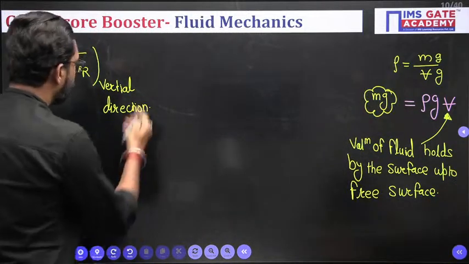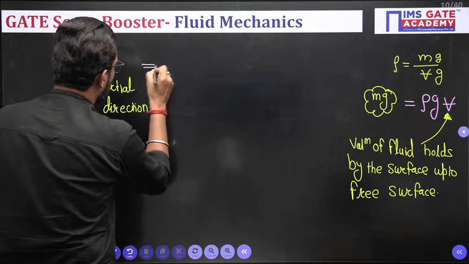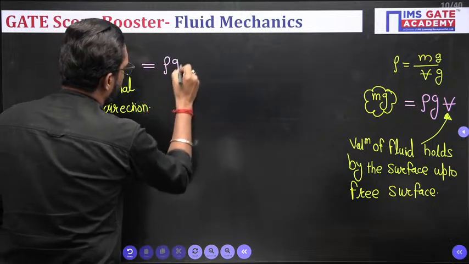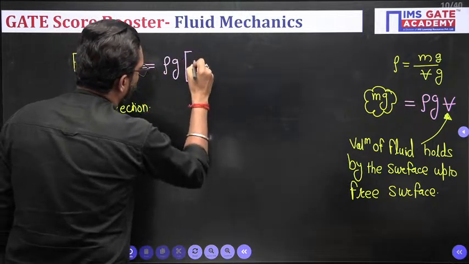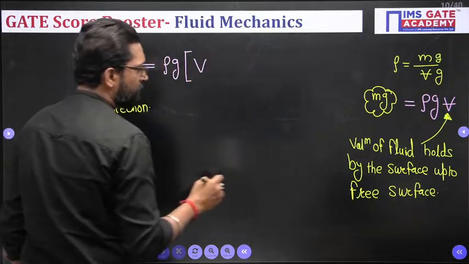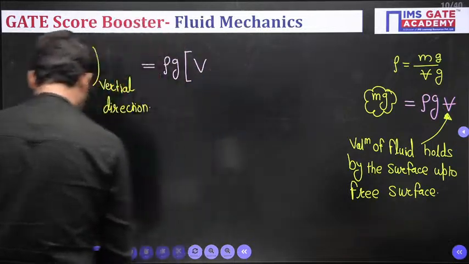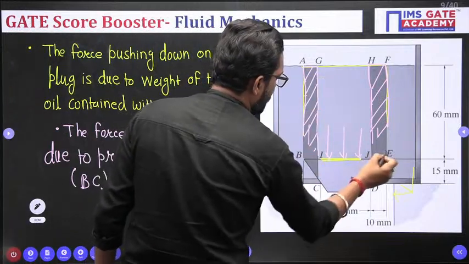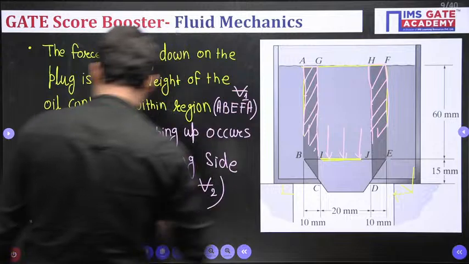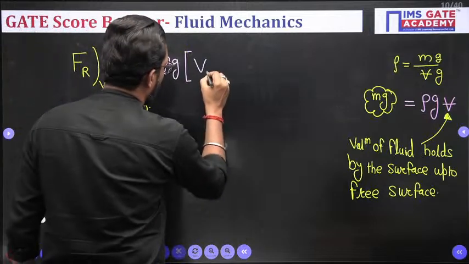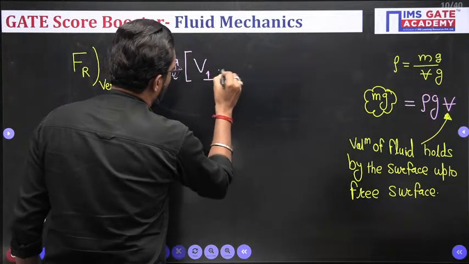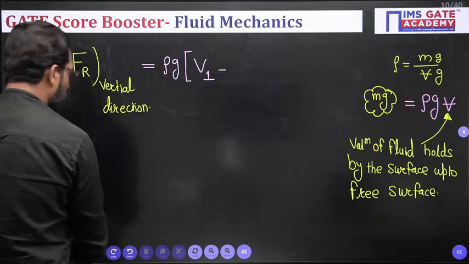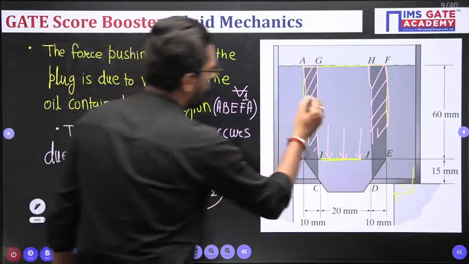So rho g is common, into V1. That means V1 is your A, B, E, F, A, minus 2 into V2. This hatched part is your V2.